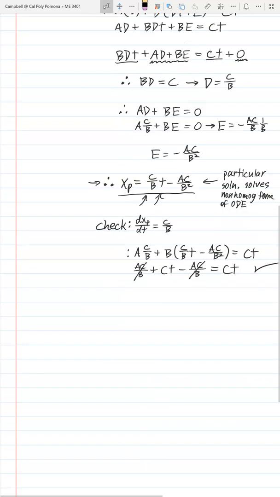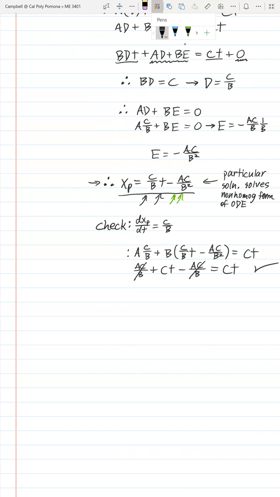We're clearly missing something in this solution. So sure, mathematically speaking, it is a solution to the differential equation. It does solve it, but we're clearly missing something. And as it turns out, we're missing something not only conceptually, we're also missing something mathematically.